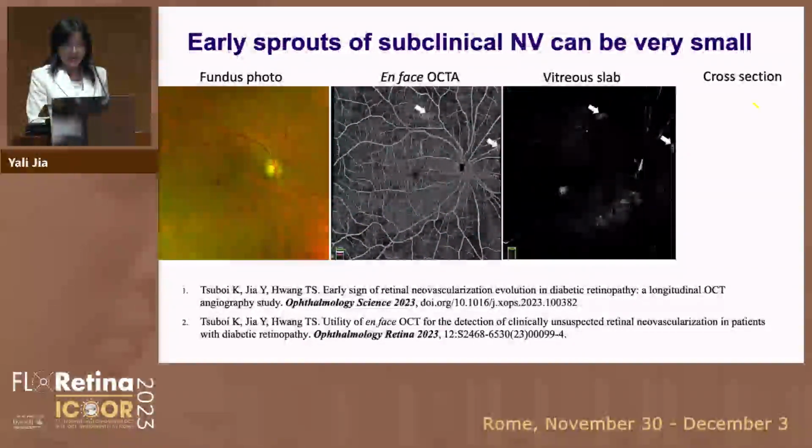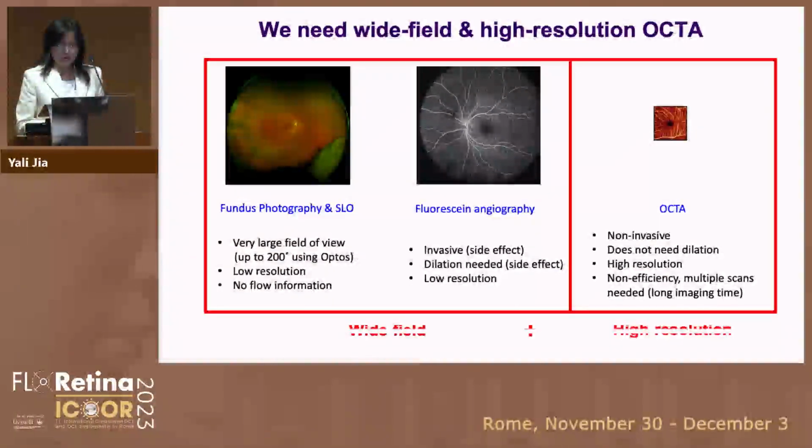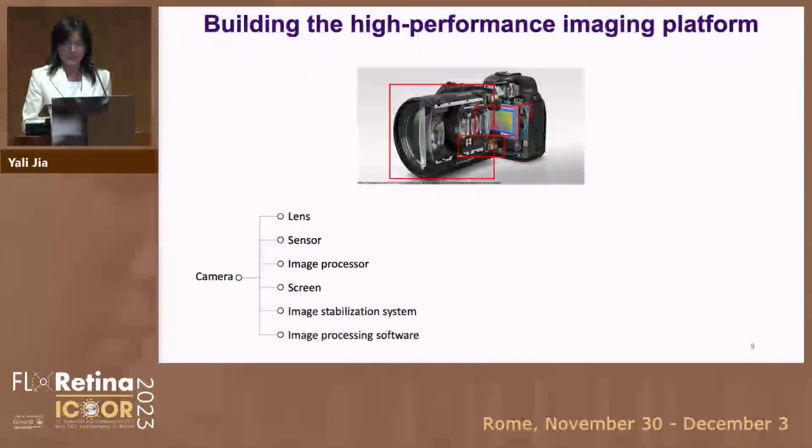You could see some of those a little bit bigger neovascularization in both the angiogram and the vitreous slab, but the tiny areas identified by the colorful arrows couldn't be identified in the angiogram. You have to use the overlaid cross-sectional image to see the blood flow in those tiny spots. So ideally, we need wide field and high resolution in the same system.